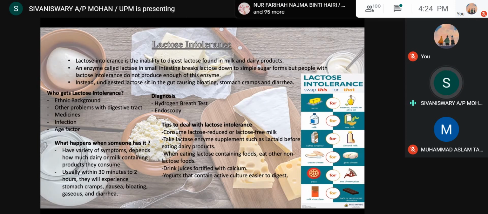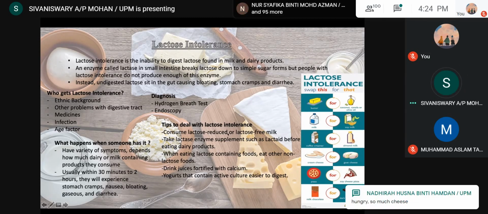Okay, so I'll be talking about tips to deal with lactose intolerance. People who have lactose intolerance can consume lactose-reduced or lactose-free milk. Lactose-free alternatives include soy milk, almond milk, and rice milk. There are also lactose-reduced foods, for example honey, sugar, syrups, jellies, and more.